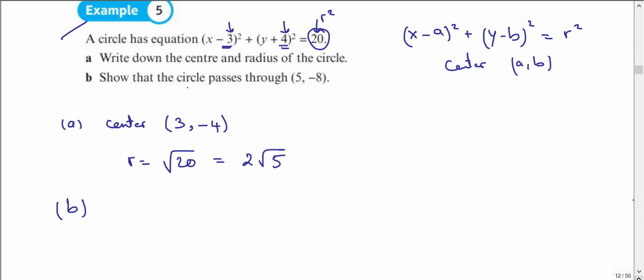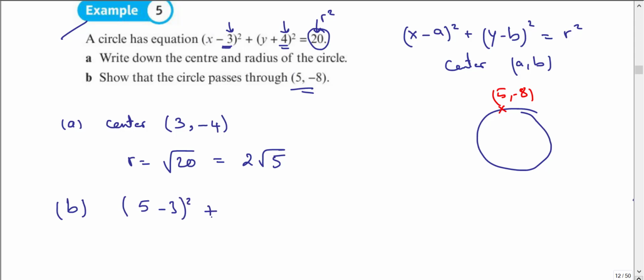Part B says show that the circle passes through this point. If you have a circle and I have a point, how can I show that this point is on the circle? There is only one way, Adam. Substitute the point in the equation of the circle, replacing x and y. Replace x with 5, so it's 5 minus 3 power 2.